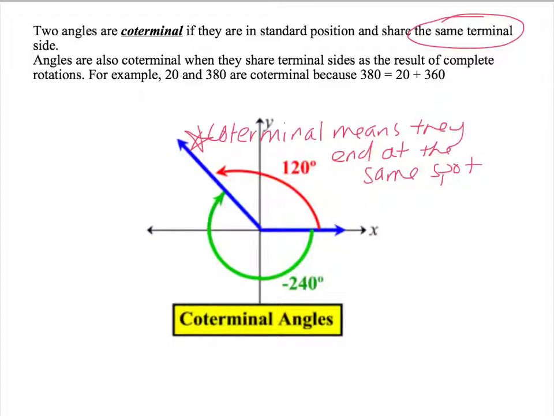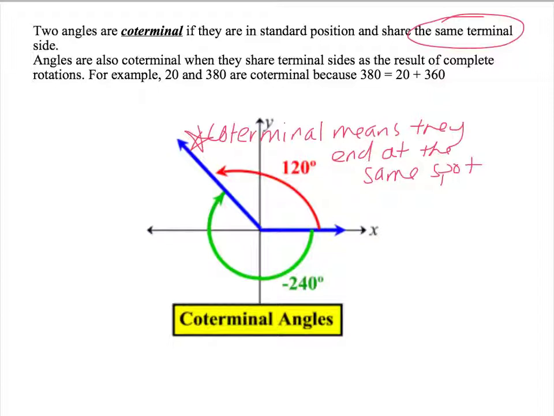If I wanted an angle that ended up right here at the 120 mark, but I didn't want to go in the negative direction. Very close. You're very close. What was your reasoning for 120 and subtracting 360?